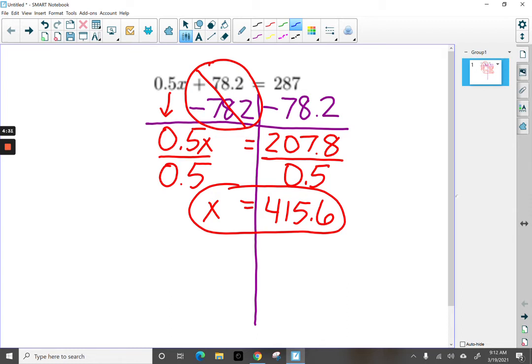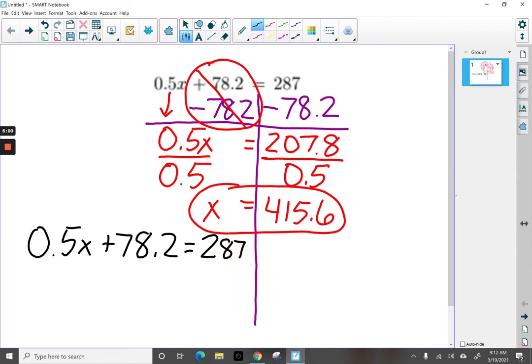Now, if you are still not satisfied with this answer, or you are saying, you know what, I might have messed up on this problem right here, we can check this. And to do this, I'm actually going to do it on the lower corner here. All we need to do is start off with my original equation, the exact same thing I started with in this problem.